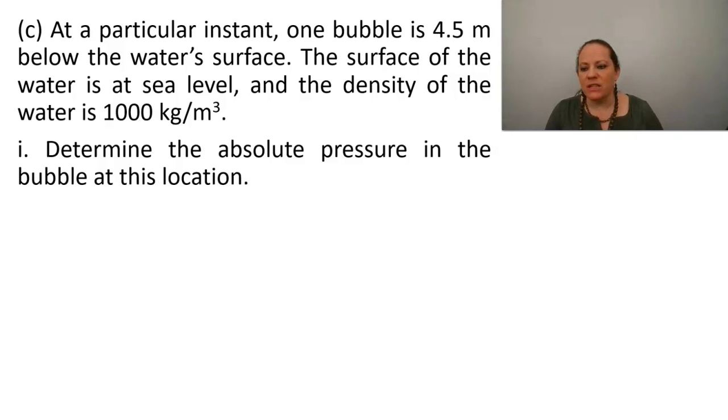So this is pointing to, of course, finding the pressure at a depth within a fluid. So that pressure is going to be equal to the atmospheric pressure plus the density of the fluid times g times h, where we usually use h to mean the depth in the fluid.